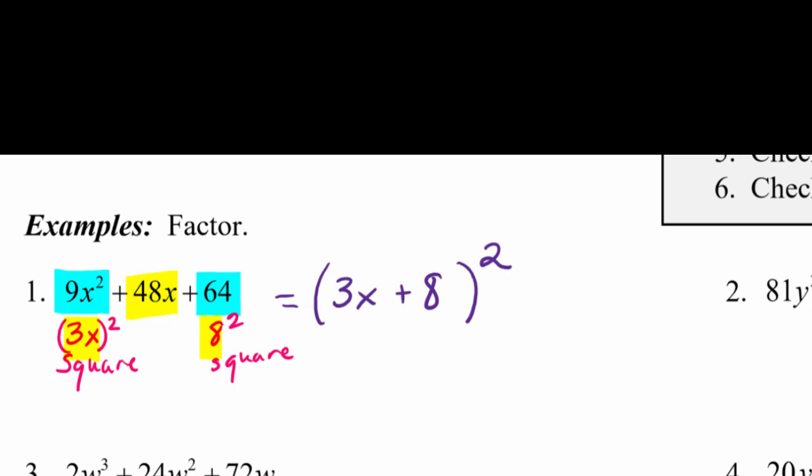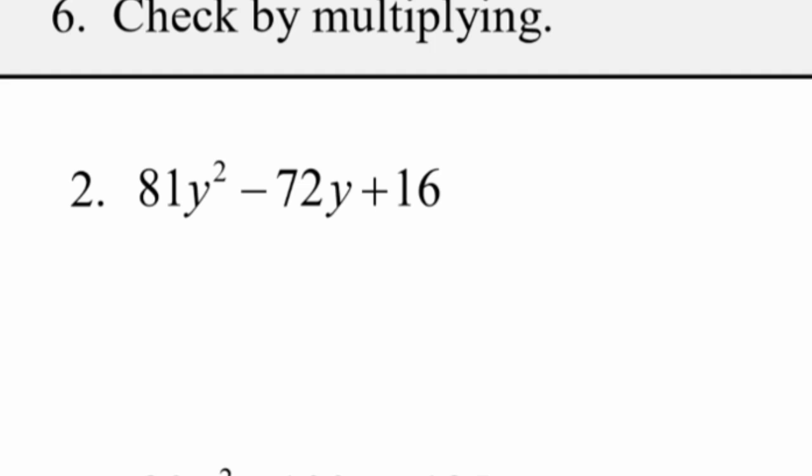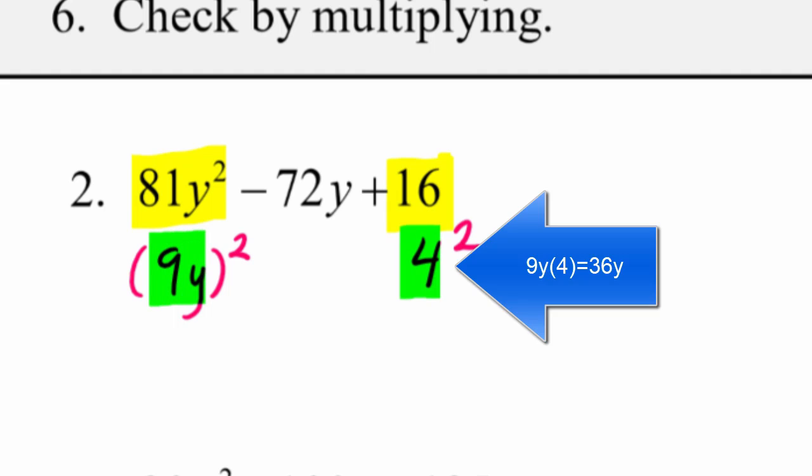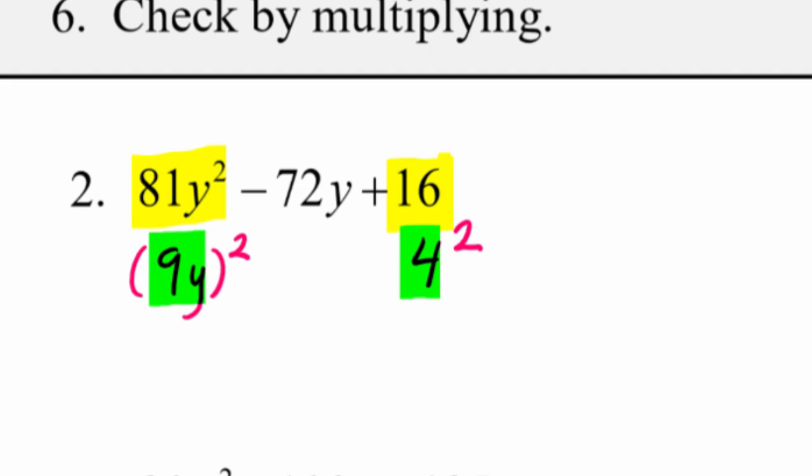Okay, look at number 2. So again, we have a perfect square as our first term and a perfect square as our last term. In our first term, 9y was squared, and in our last term, 4 was squared. So now we're going to check that middle term. We need to multiply 9y times 4. So 9y times 4 is 36y, and double that is 72y.